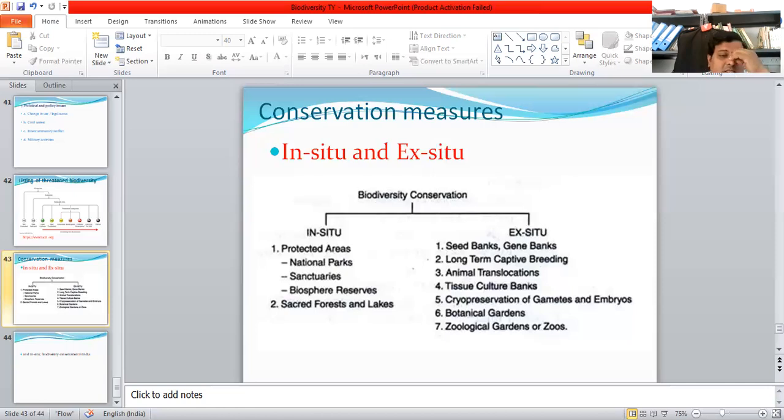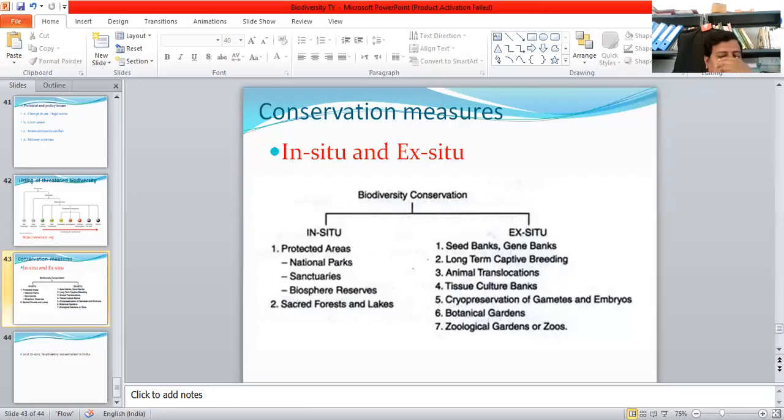We have some of the national parks in India, like Corbett National Park, that is in Uttarakhand, Dudhwa that is in Uttar Pradesh, Gir National Park that is in Gujarat, Kanha that is in Madhya Pradesh, Kaziranga that is for the Indian rhinoceros that is in Assam, Nanda Devi National Park in Uttarakhand, Sariska National Park that was recently in the media for the tiger conservation, that is in Rajasthan, Silent Valley National Park that is in Kerala, Sundarban that is in West Bengal.